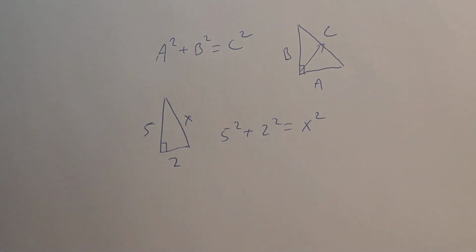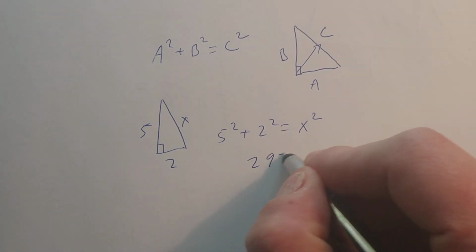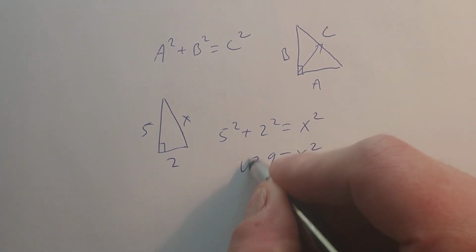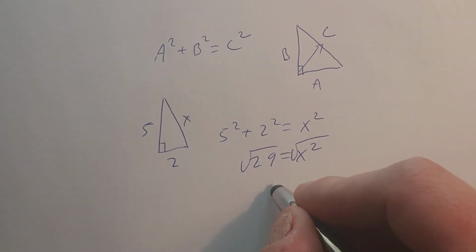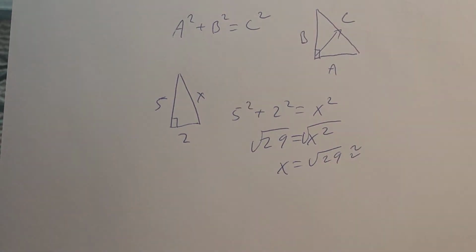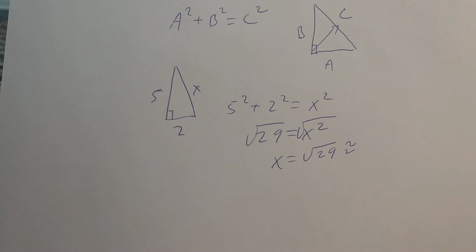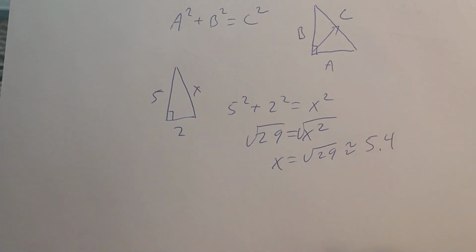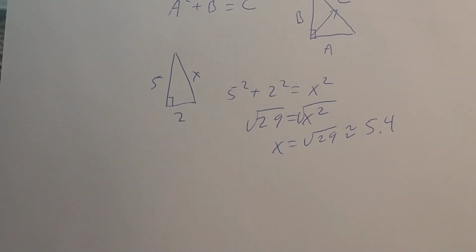So 5 squared plus 2 squared, 29 equals x squared. But make sure to square root both sides. So your x is going to be the square root of 29, which is approximately 5.4. Alright, so that's how you would solve that.